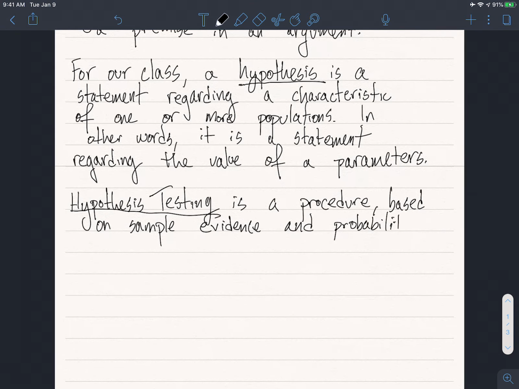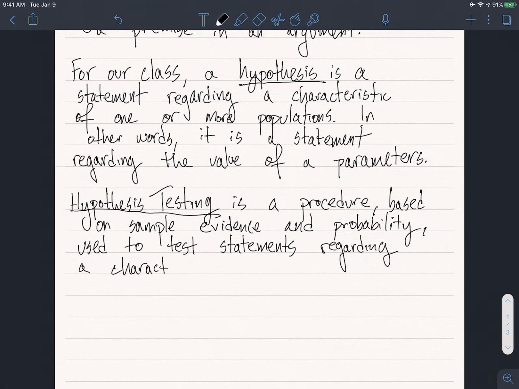Probability. Used to test statements regarding a characteristic of one or more populations.